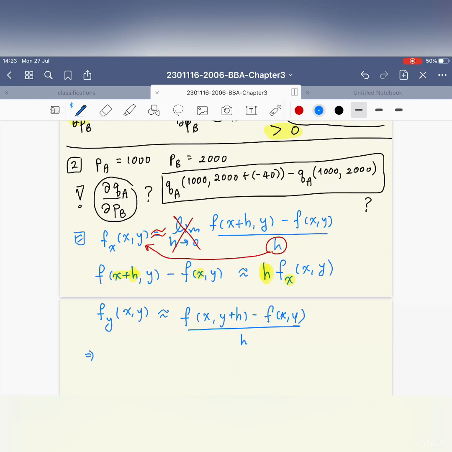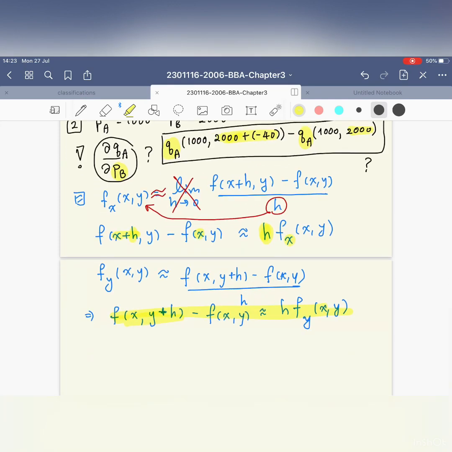It means that this difference, f of (x, y plus h) minus f of (x, y), can be approximated by h times f sub y at this particular point (x, y). What we need is actually the change in y. So you need this formula, but instead of using f, we now use QA, and instead of x and y, you use PA and PB.